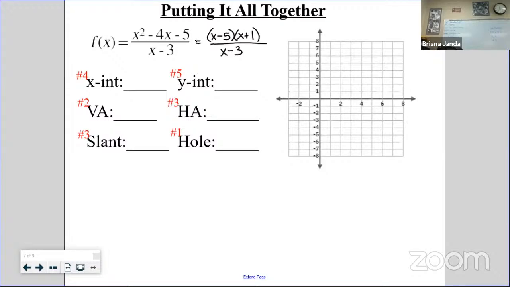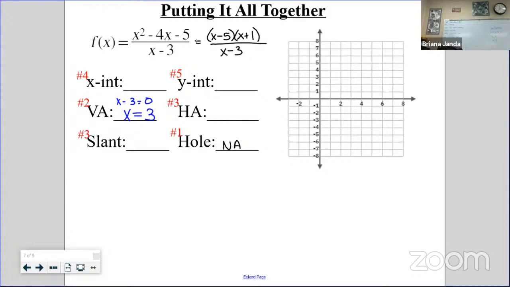Hole? No, nothing crosses off, right? Vertical asymptote. Yes, we have something in our denominator. Has to be the equation of a line. It's not just a number.